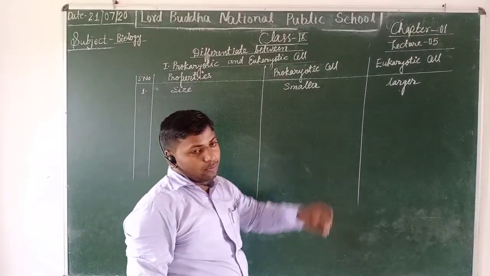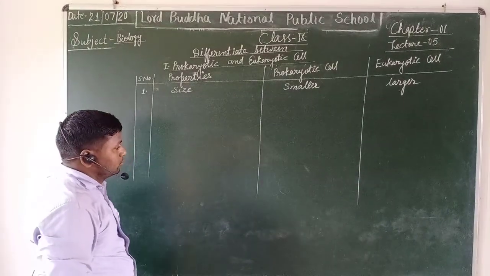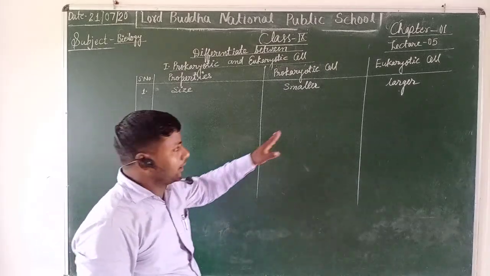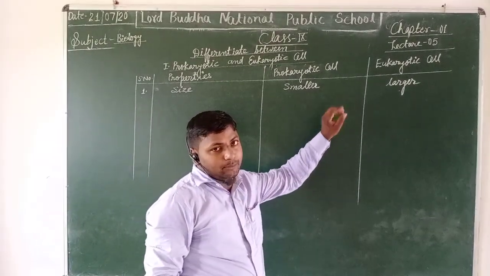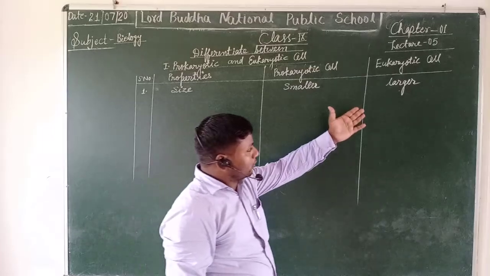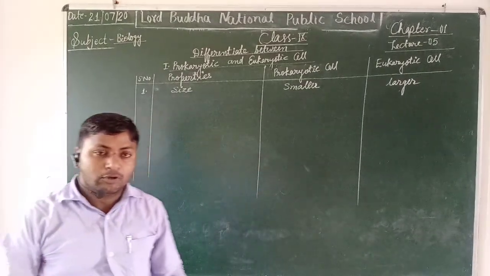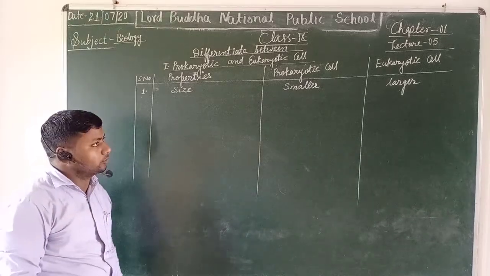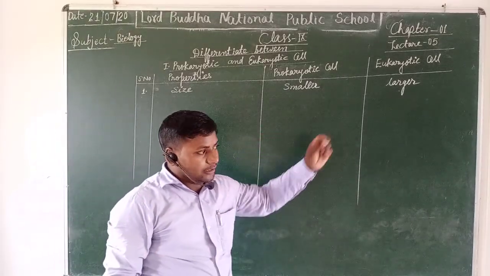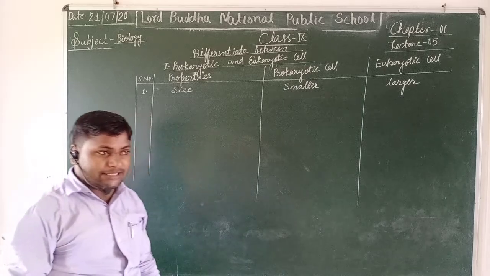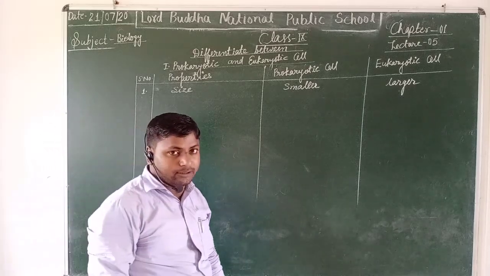It is about 0.001 micron in diameter. Likewise, the largest cell of the human body is the nerve cell or neuron. It may be 60 centimeter to a meter in length.